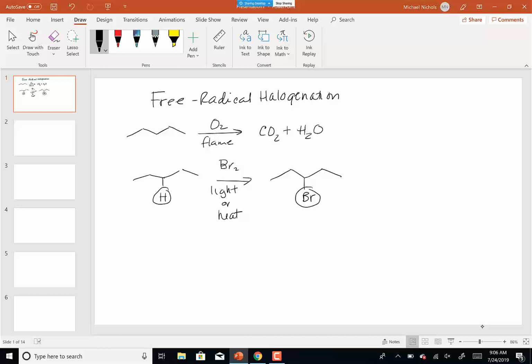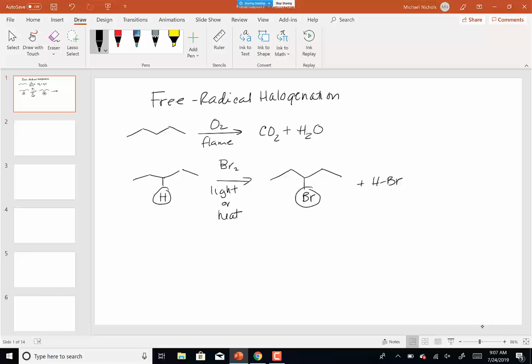Okay, so this is what we're going to do. If I'm going to do this reaction with Br2, where's the other Br go? In addition to substitution, I make HBr. So this is the reaction that we're going to need to do.